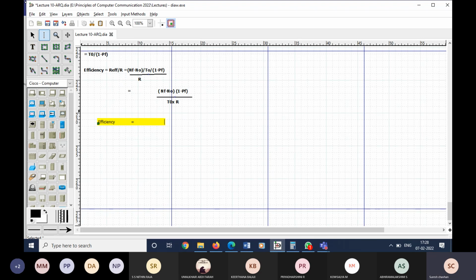So finally, what we will get is 1 divided by 1 plus t.